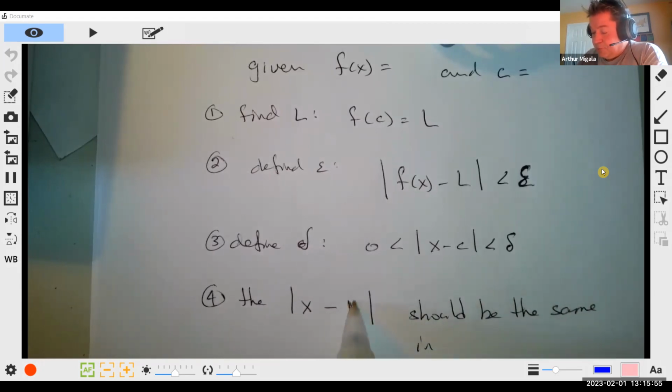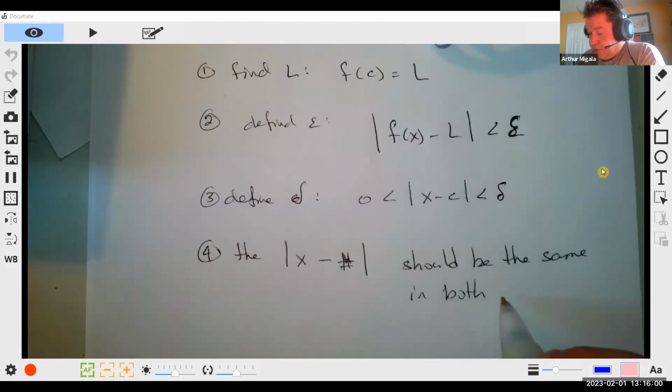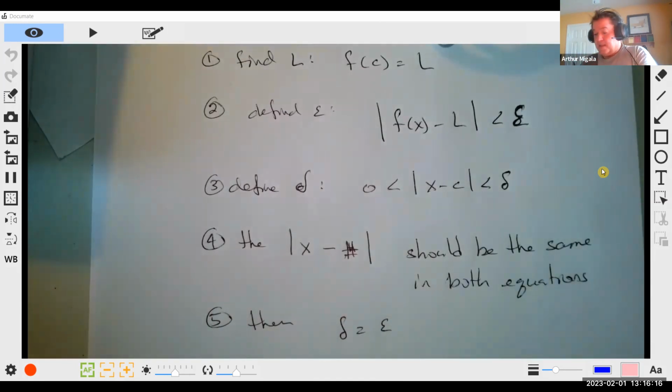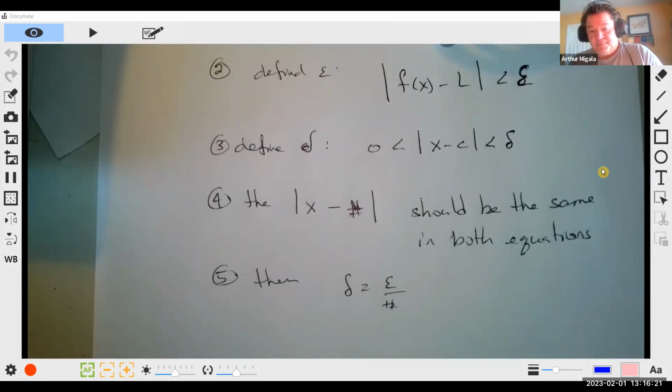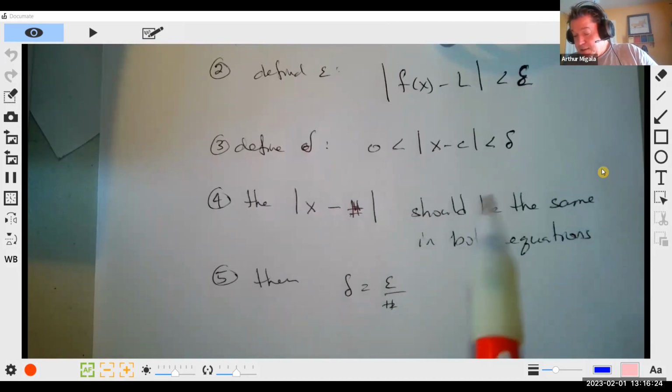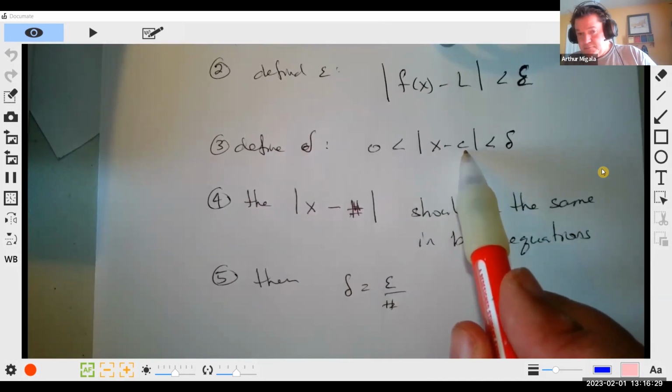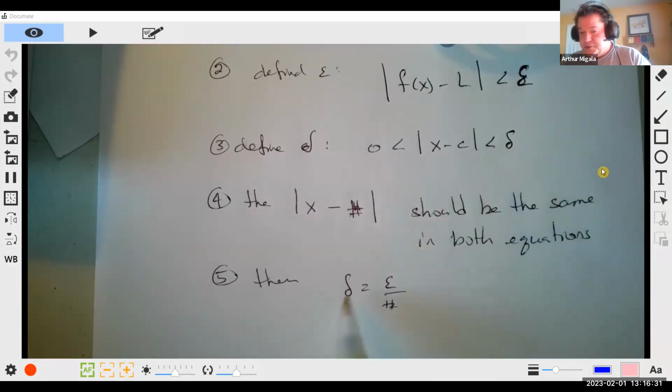So the x minus whatever number you have in there should be the same in both equations. Then usually what you'll end up with, because the delta is just x minus the limit point, is always going to be just an integer.